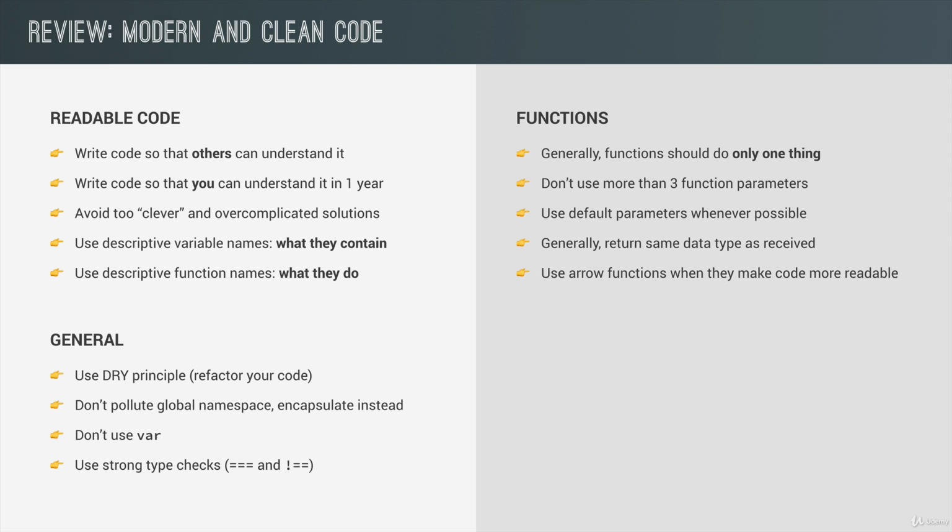So, for example, if you receive 2 or 3 numbers as an input to a function, then probably you will want to return a number as well. So that then makes more sense for when you consume, so for when you use the function later. And again, this is a rule that you can of course break, but it's again good to keep this one in mind. Finally, you can and should use arrow functions whenever they make the code more readable, okay?